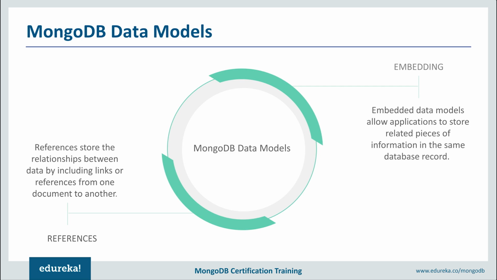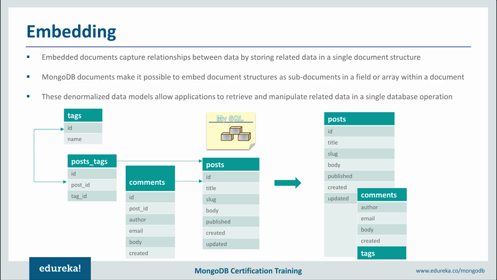Embedding means all the data we're going to keep in a single record. Reference means I'm going to use more than one link and combine more than one. This is the perfect example for embedded. Just like how I explained this class, that is administration class and result. Here I'm going with a blog. Let's say I have a blog. All the posts that I have I keep in one table, that is post.